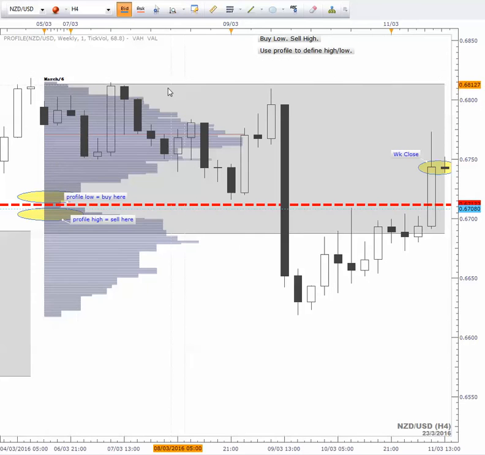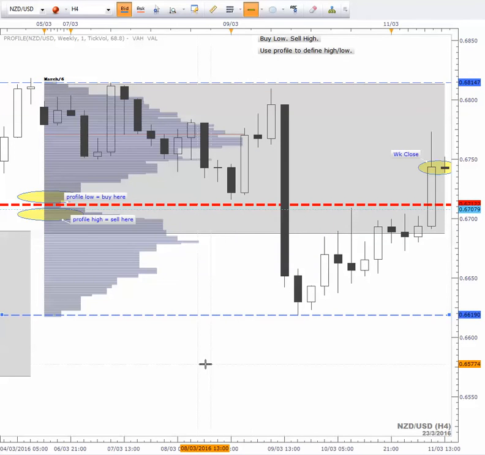At the close of the week, I have the following information. I know where the week's high is. I know where the week's low is. I know where the value area is, and that's the shaded gray area.